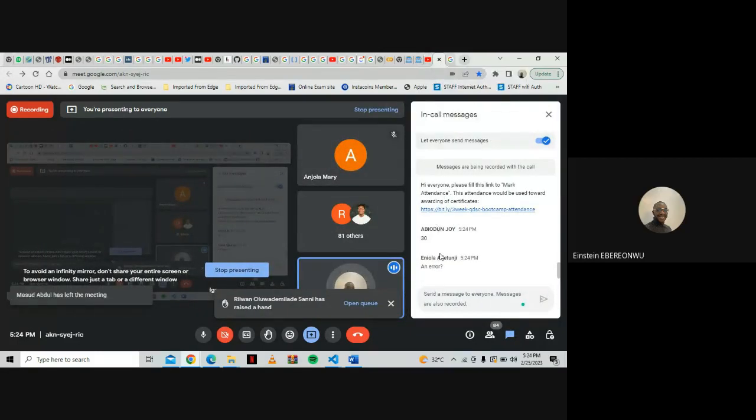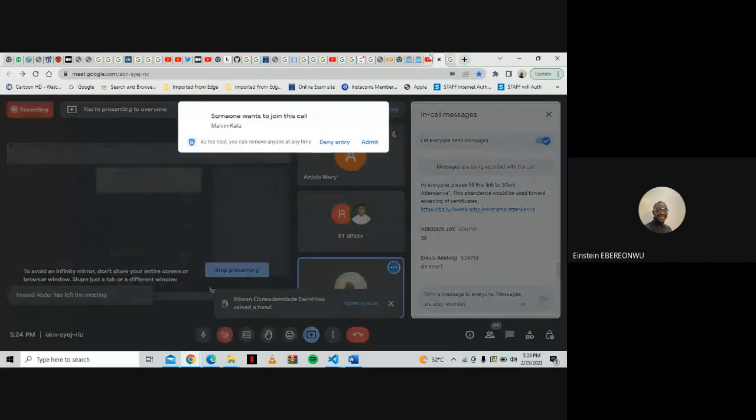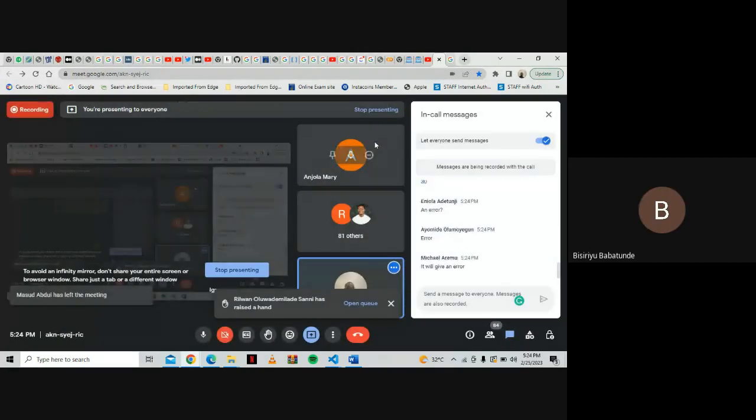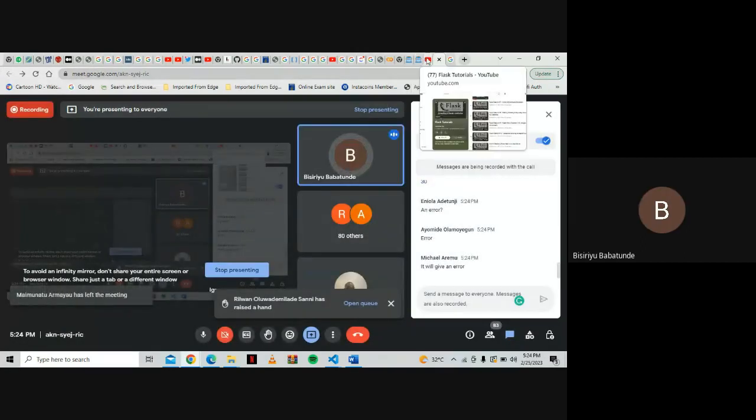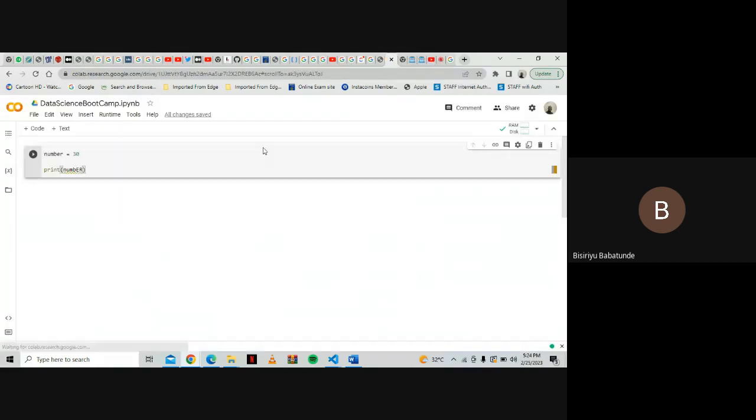Why will it throw an error? Because to call the print function, there should be quotes so that it gives out the statement you put in the quote. But here there is no quote. What language are you familiar with?